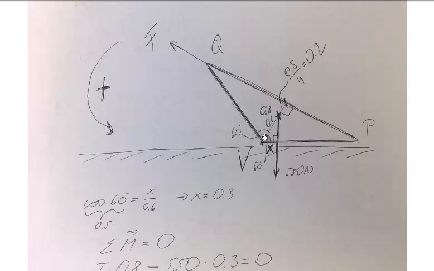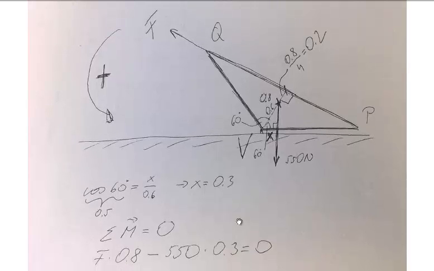This is 0.6, it's 0.8 minus 0.2. We'll calculate x. Cosine of 60 degrees is equal to x over 0.6. This is 0.5, so x is equal to 0.3.